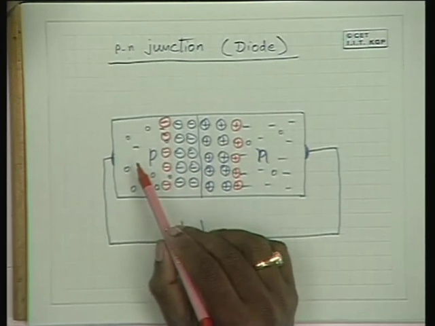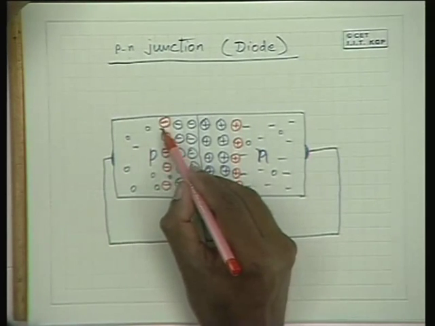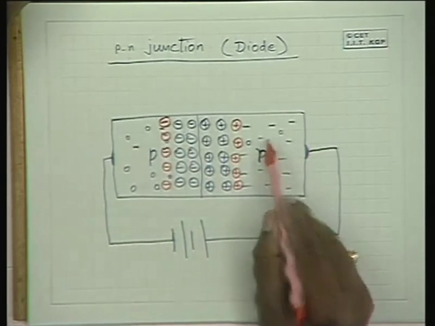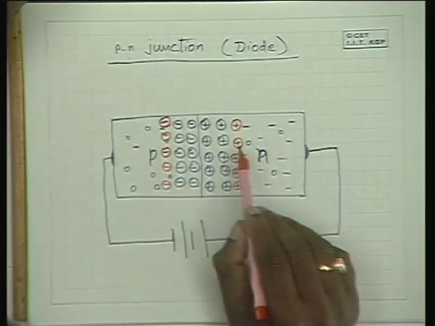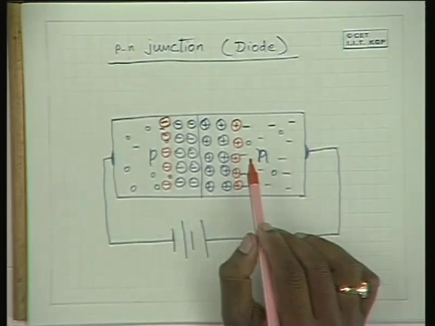But if you look at the minority carriers, which are small in number, for example electrons on this side and holes on this side, the field favors their movement.